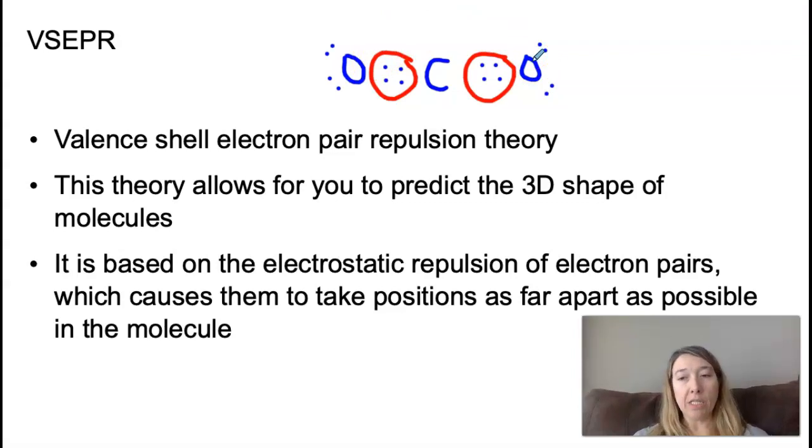As we start to draw things, we always want to maximize the spacing between all the different pairs of electrons around that central atom. We never want to mush everything together. We want to space it out nicely, because that's what those electrons are going to do. They're going to repel each other, and they're going to move as far away from each other as they possibly can.